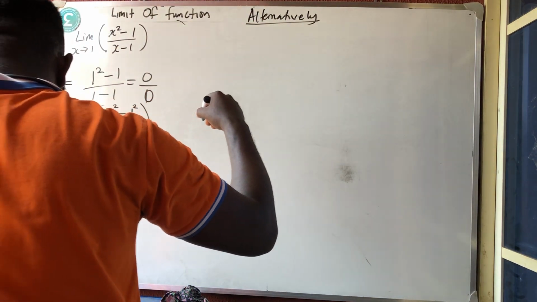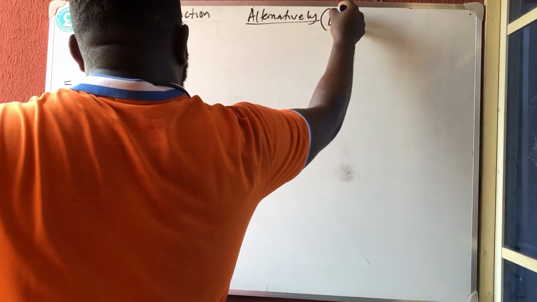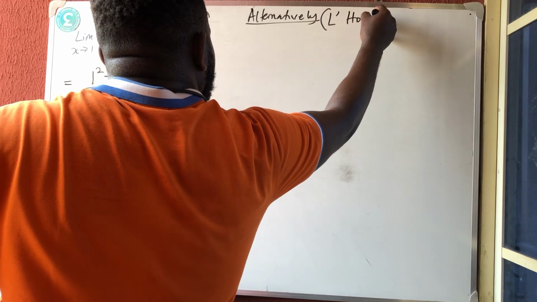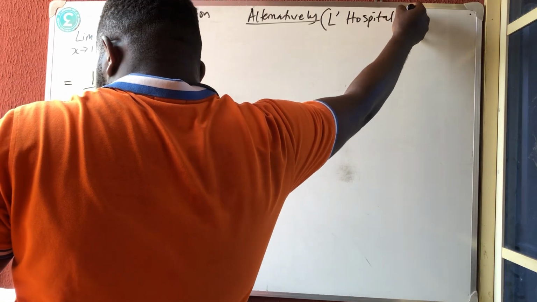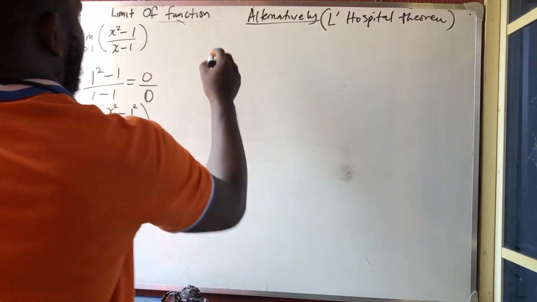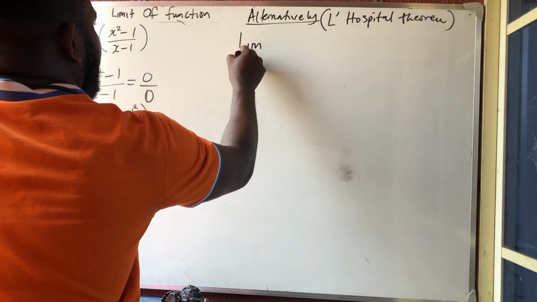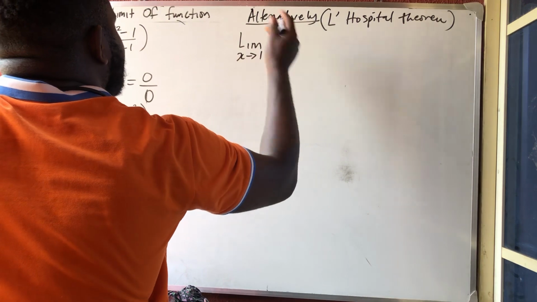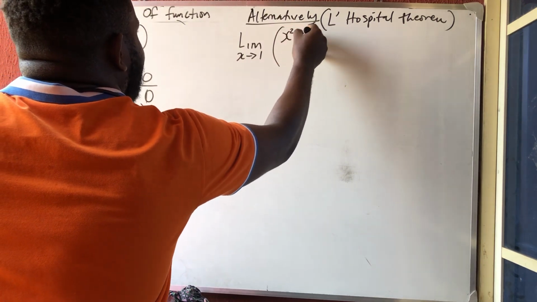So using L'Hospital's theorem, when do we use it? We use this whenever you have 0 over 0. That is when you apply that theorem.